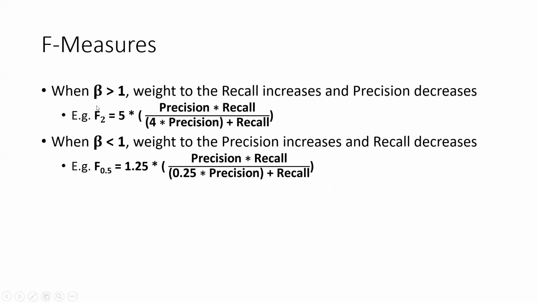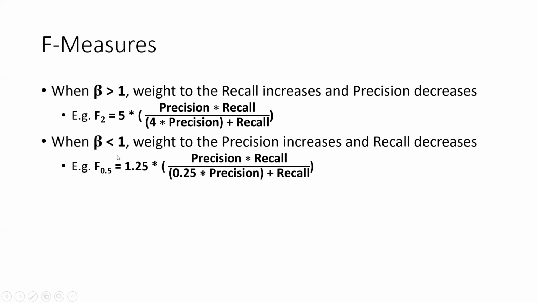And when beta is greater than 1, you get a higher weight for the recall and a lower weight for the precision. Right? For example, F2 is 5 times precision times recall divided by 4 times precision plus recall. Right?